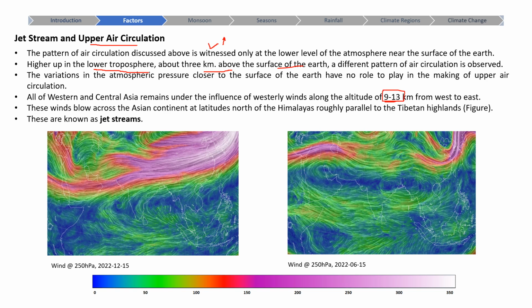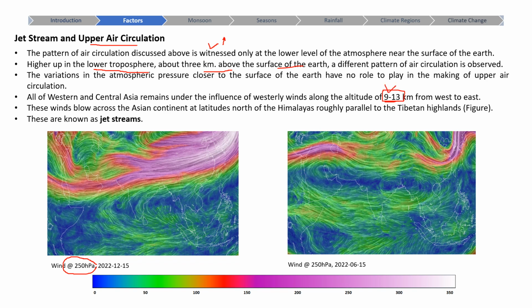What happens here? Very fast blowing winds. In these maps you can see winds at 250 hectopascal, which means the wind at the height of around 10 kilometers.